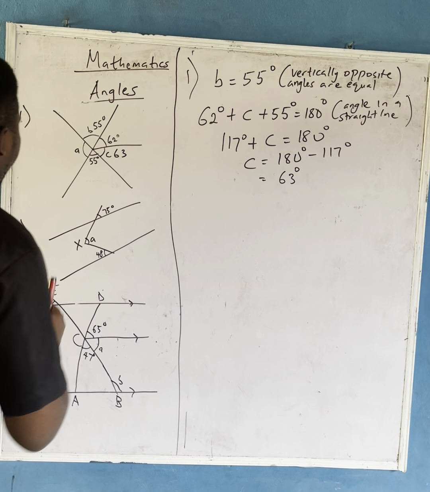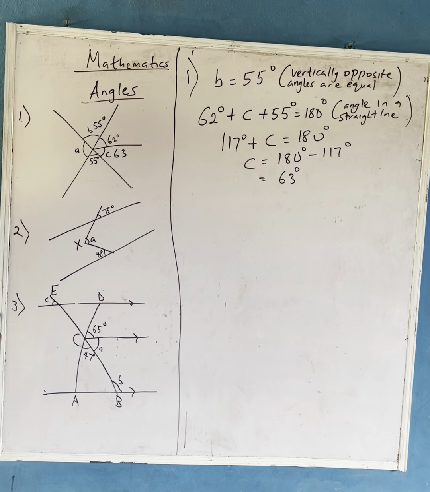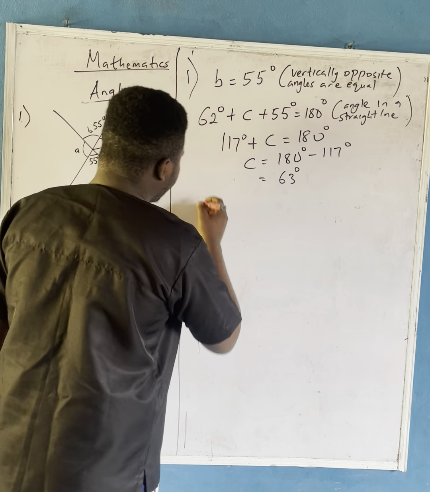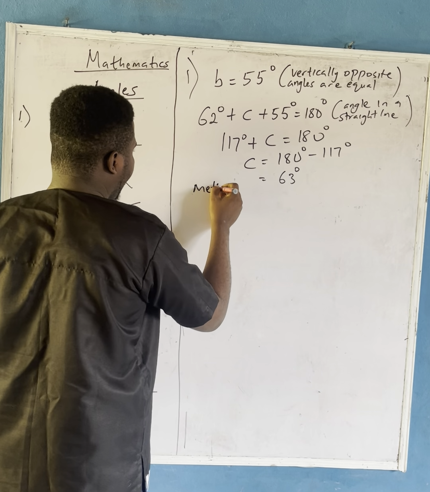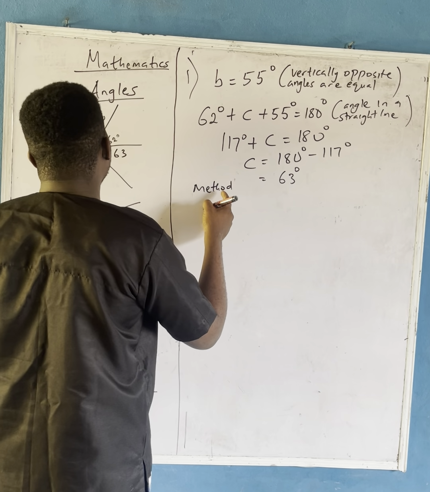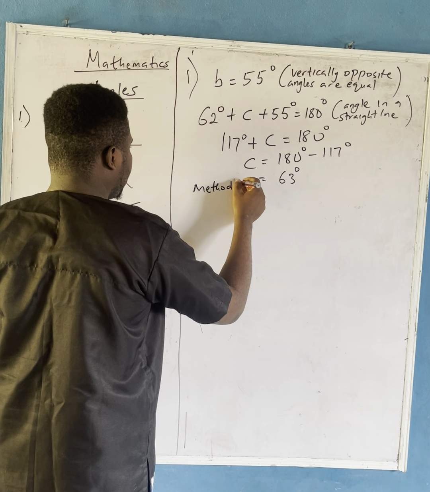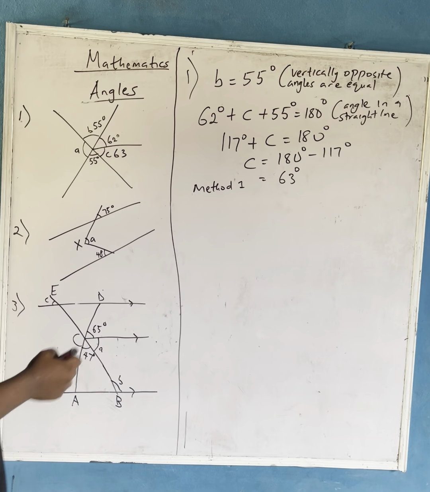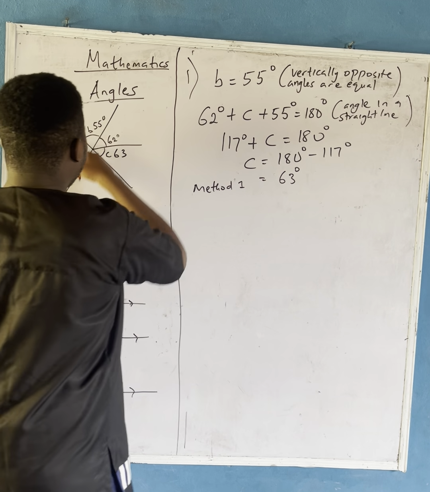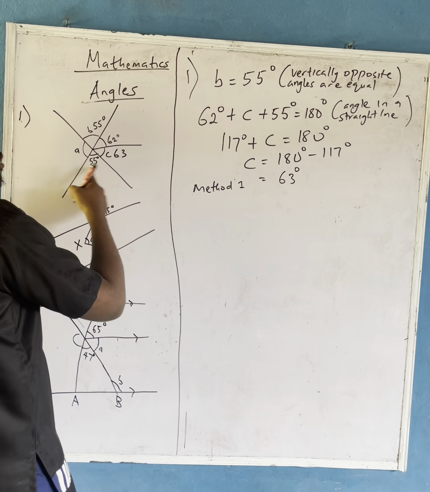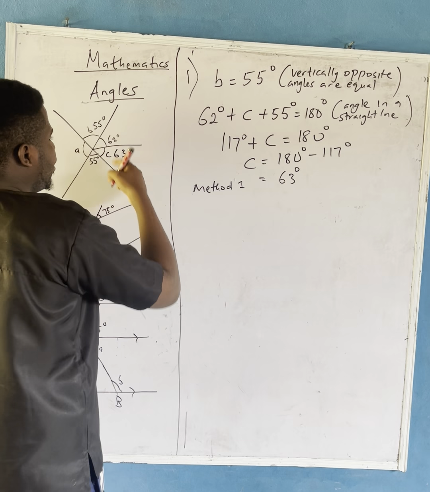So the next thing on our agenda is now to find if we have different methods for it. Let me just show something. Method 1. We can add everything together since we already have our angles.